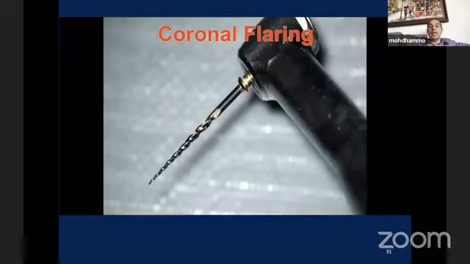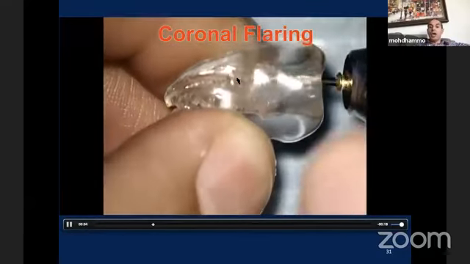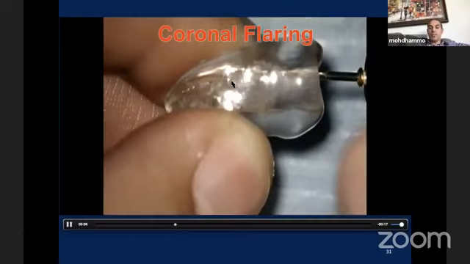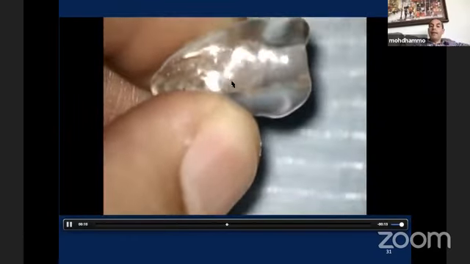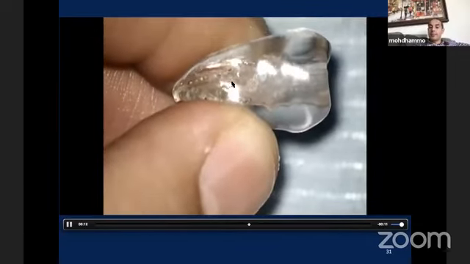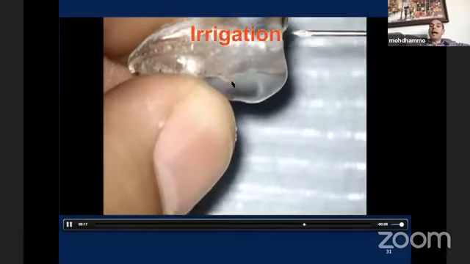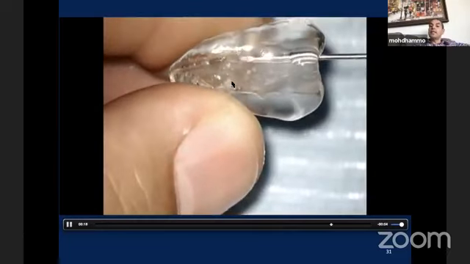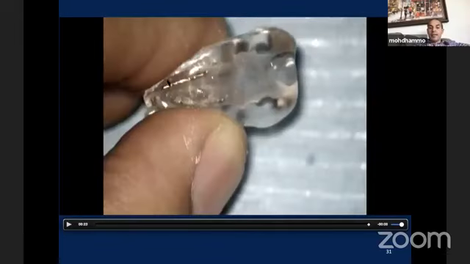So let's see here. I will flare the entrance of the canal coronal to the broken instrument to enable me to have enough space. Then immediately I will irrigate with the sodium hypochlorite. So you can see here, this is the broken instrument, and this portion is flared and irrigated with sodium hypochlorite.